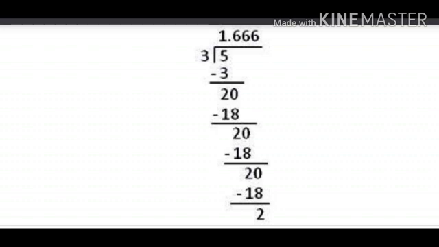Here the number 5 is divided by the number 3. When we divide 5 by 3, after the decimal point the number 6 is getting repeated again and again.